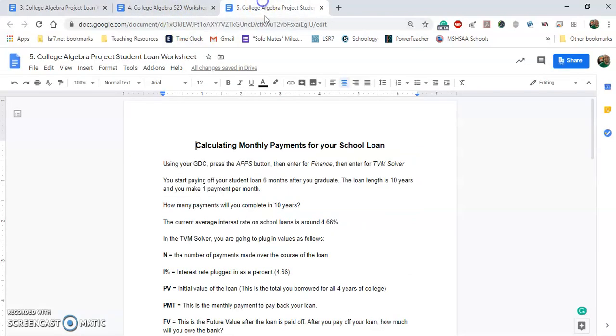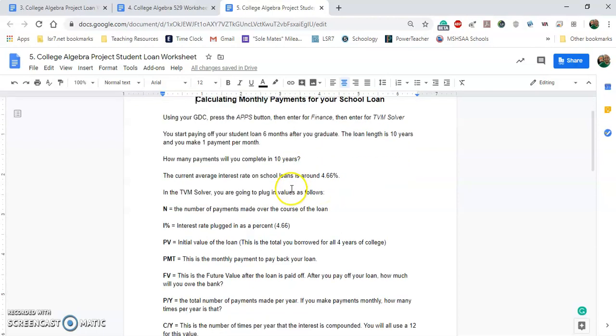And then the other part is calculating your monthly payments. This is assuming that your interest rate is 4.66%. To be honest, that fluctuates a lot depending on your loans, your loan provider, and when it's serviced.